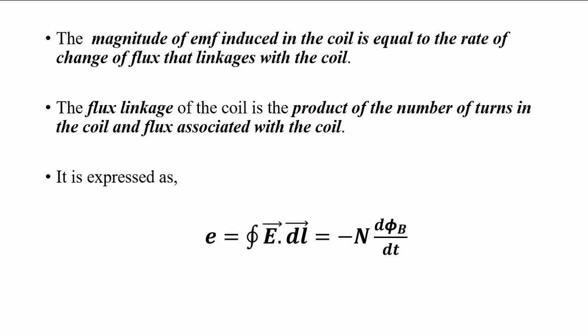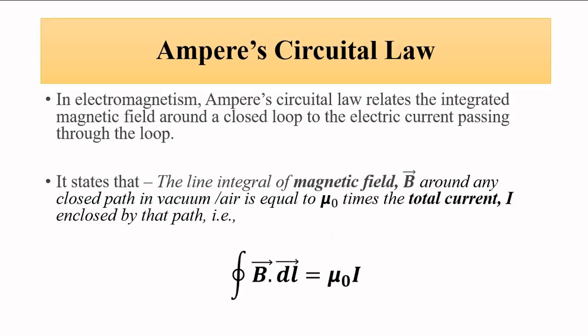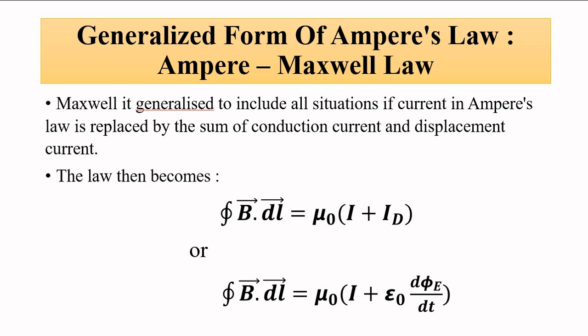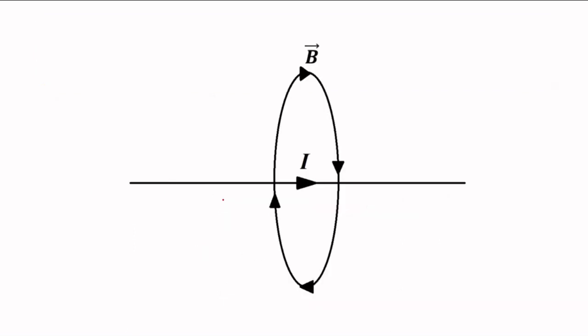The second law, which we have already discussed in the previous video, is Ampere's circuital law, which basically gives the relationship for the line integration of the magnetic field around any closed path enclosing a current carrying conductor.